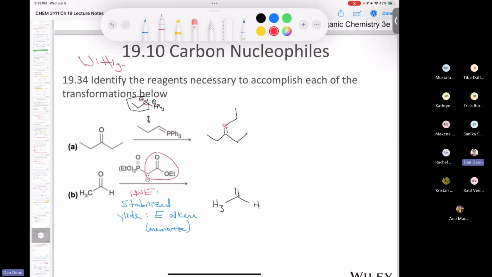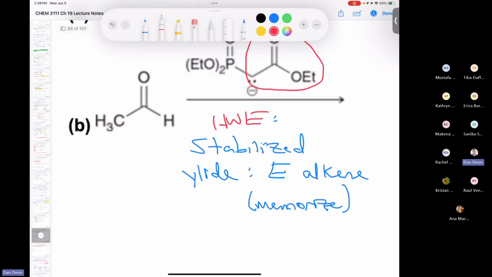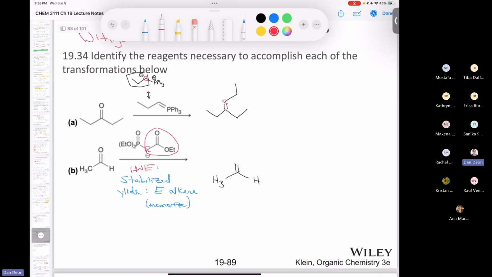So this side over here. So what's it attached to? Remember that this carbon is going to be the first carbon here. Okay, so we have that carbon, and we have our ester over here like this, and you can see I'm missing a proton over here, but you can clearly see that this is an E alkene. And so I've drawn the product correctly.